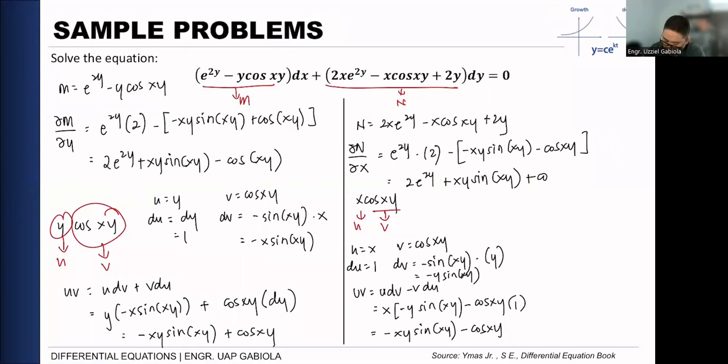Meron ba akong maling, ano? uv is negative xy sine xy minus udv.